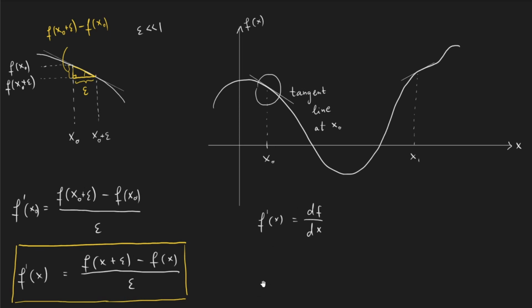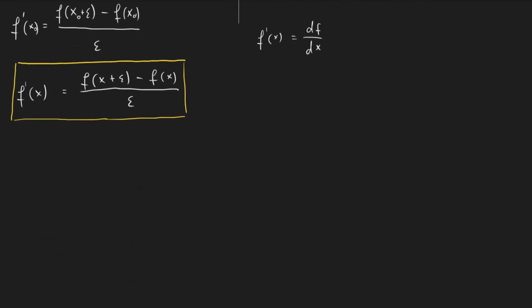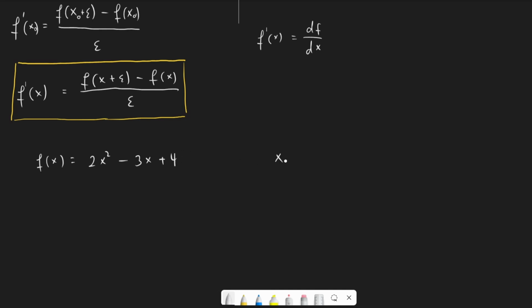So let's say we have a function f of x, which is 2x squared minus 3x plus 4, and we want to calculate the slope of the function at input x0 equals -1.